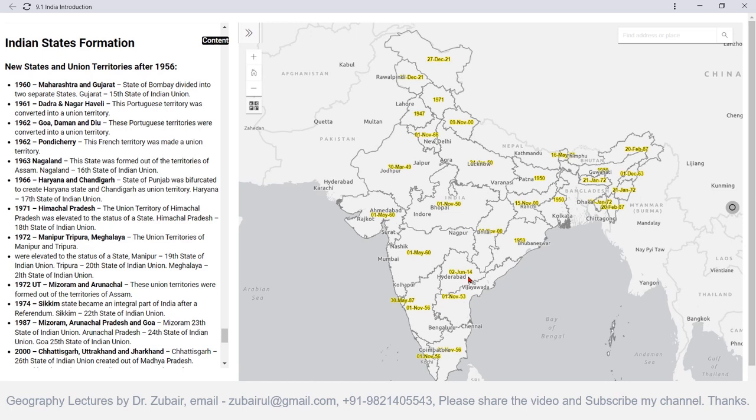And three states were formed in 2000: Uttarakhand separated from Uttar Pradesh, then Chhattisgarh separated from Madhya Pradesh in November 2000, and Jharkhand separated from Bihar in 2000. Other states are also mentioned, you can see on the map.